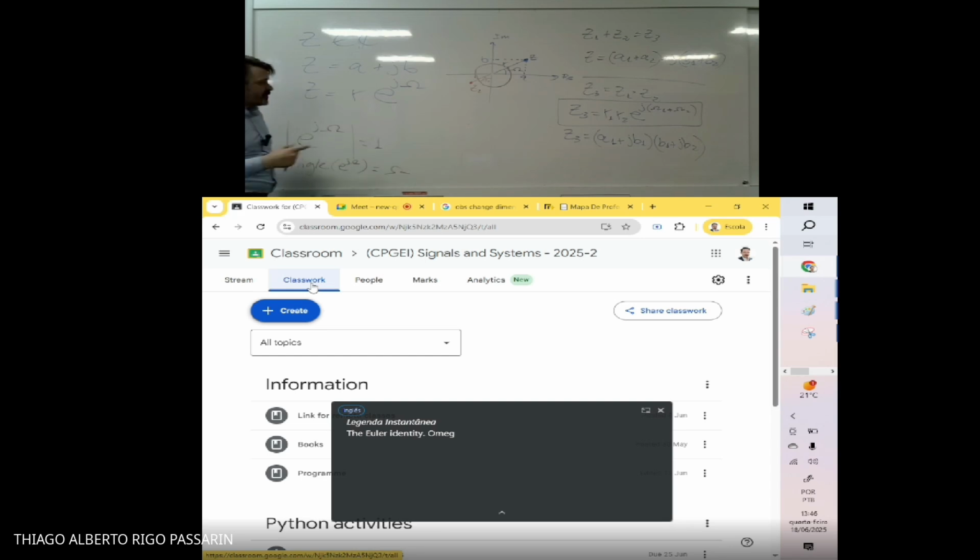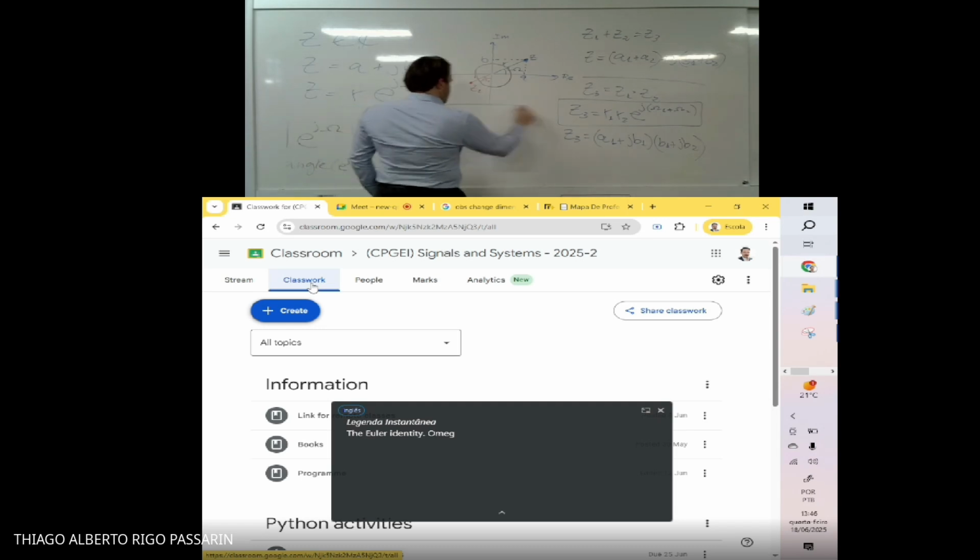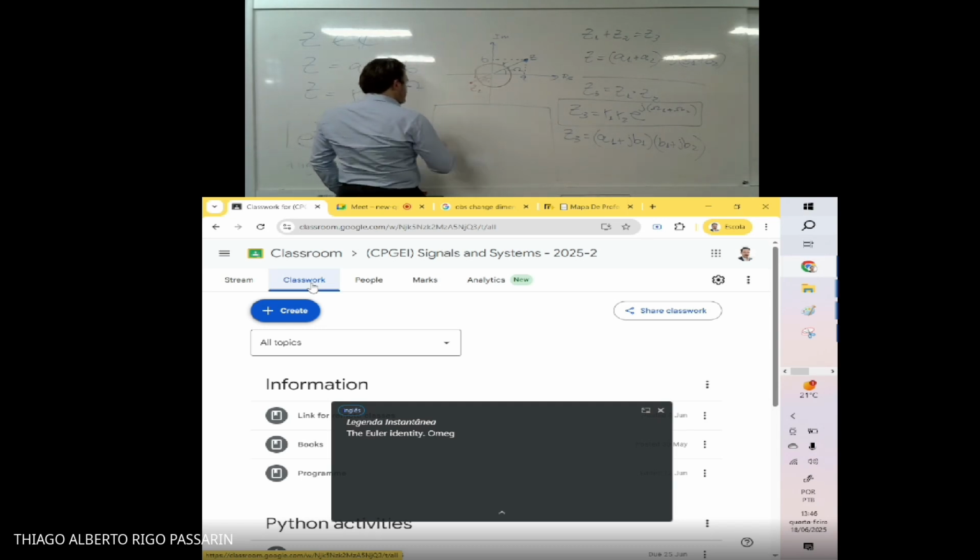Now, exponentiation is composed of multiplications. For instance, now let's go to the exponentiation. Say we have some z that equals 2 times e to the j, let's go with 15 degrees. 15 degrees in radians, that's, 90 is pi over 2.